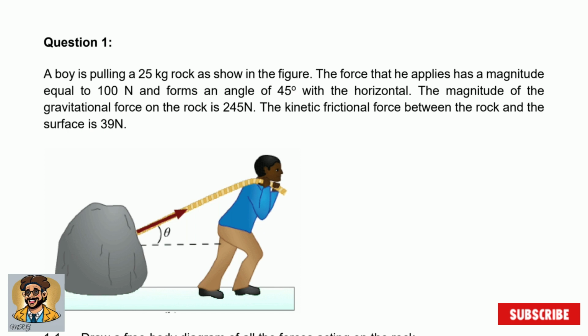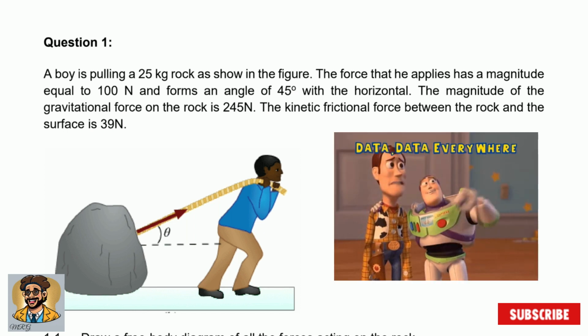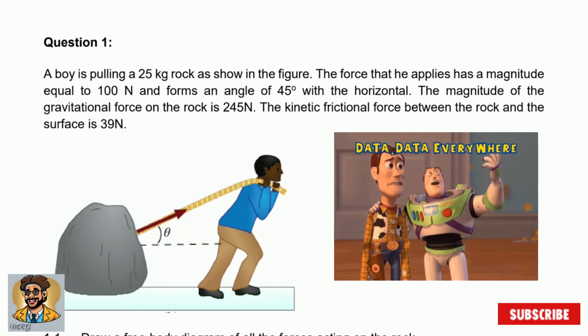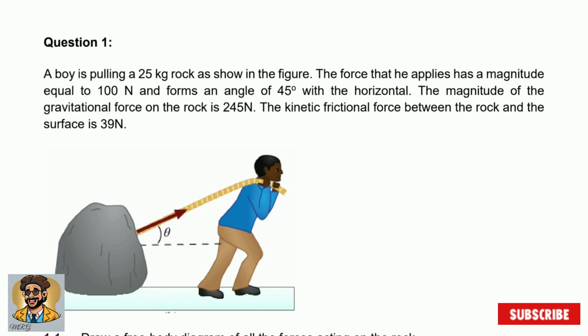As usual, the first thing we're going to do is write the data, but in this case the data we're going to write right on the picture, on the drawing. The mass of the rock is 25 kilograms. The applied force is equal to 100 Newton. That forms an angle equal to 45 degrees with the horizontal.